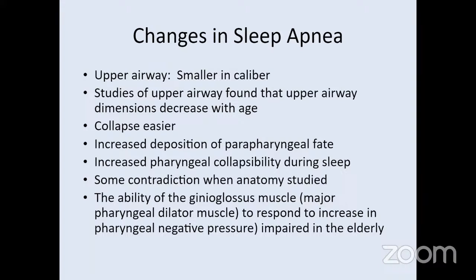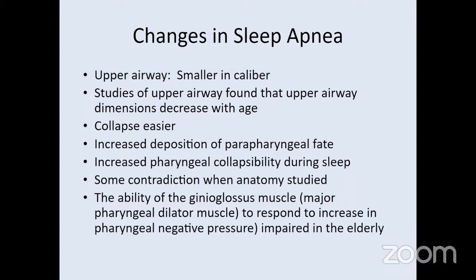And also the airway not only decreases in caliber, but it also tends to collapse easier. Also, there is increased deposition of parapharyngeal fat, increased pharyngeal collapsibility during sleep as well, and some contradiction when anatomy is studied.